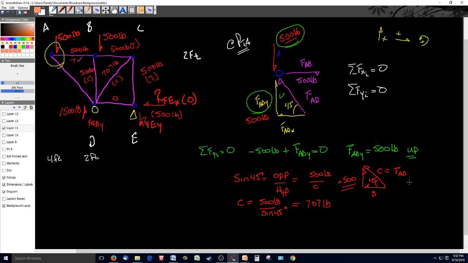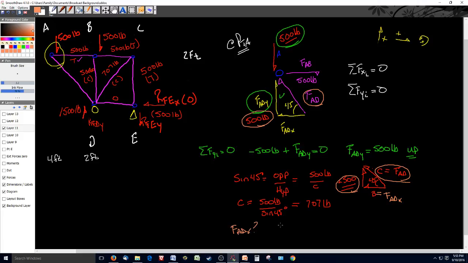So here's my FAD. Pretty straightforward. So what does B equal to? B equals FADX. So let's find that. Let's find FADX.